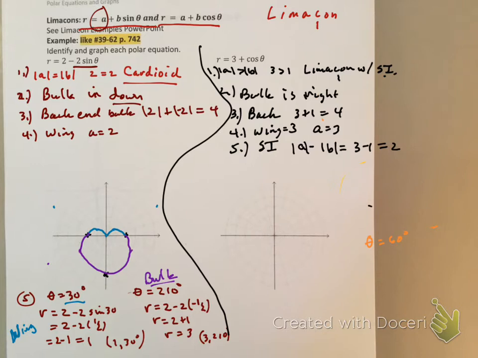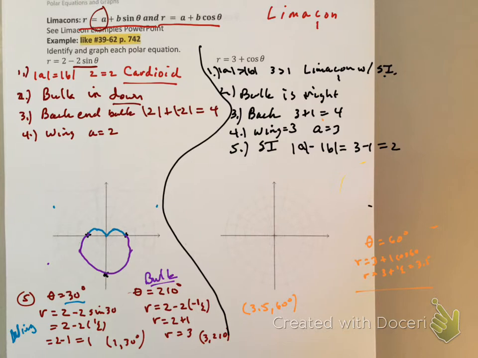Anyway, so when I put 60 degrees into that equation, if I remember the equation, it's 3 plus 1 times the cosine of 60. So this is going to turn out to be 3 plus 1/2, or 3 1/2. So I know I have a point that is going to be 3 1/2, 60.